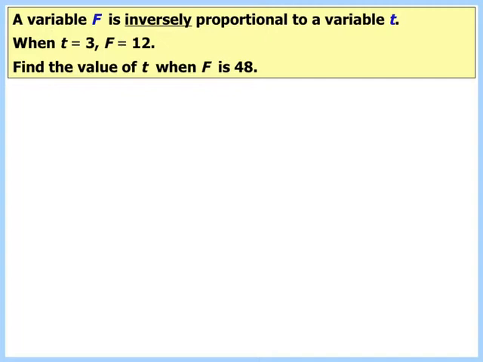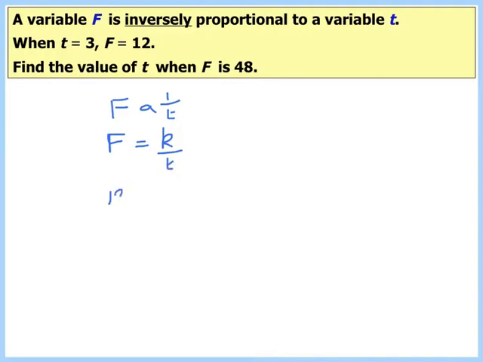Variable f is inversely proportional to a variable t. When t equals 3, f equals 12. Find the value of t when f is 48. So it doesn't actually tell me to set up an equation, but that's what it wants me to do. So let's go through the same process again. I've got f is inversely proportional to t, so f therefore equals k over t. Stick the numbers in.